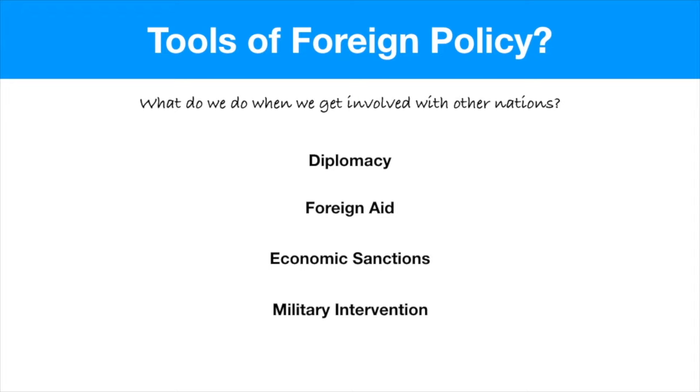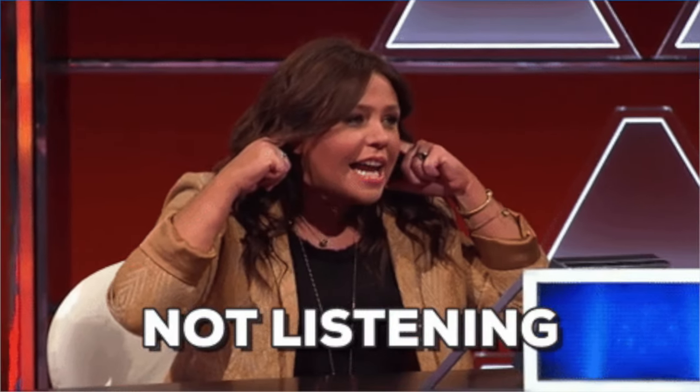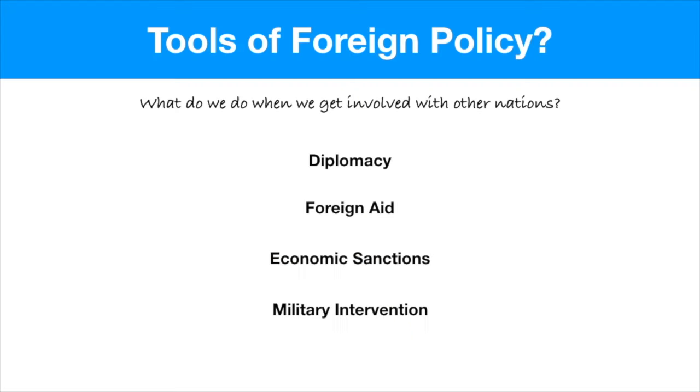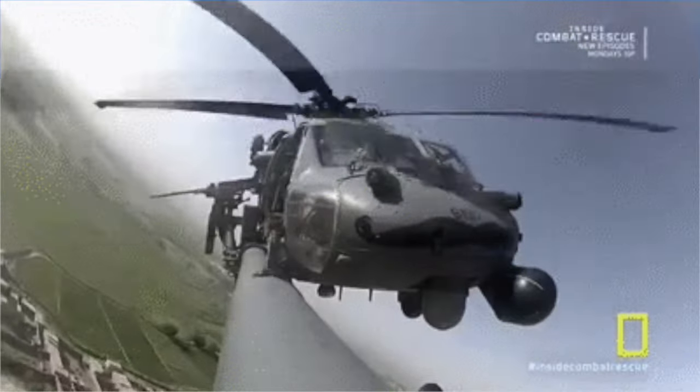And so if a country does not listen to diplomacy, ignores our economic sanctions, is not affected by our foreign aid, or us withdrawing our foreign aid from that nation, if no tool seems to be successful in getting a country to do what we suggest for them to do in the best interest of our own nation — remember, the number one goal of foreign policy is United States safety — if a country is unwilling to do what we ask them to do, sometimes finally we have to use military intervention.